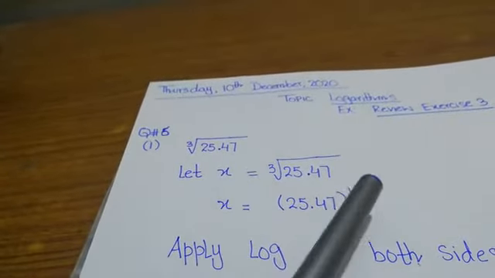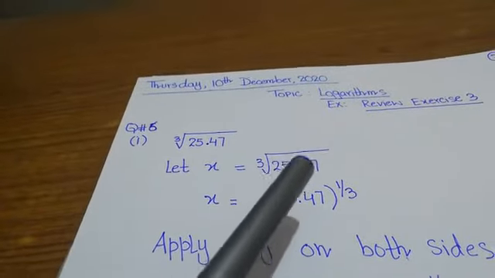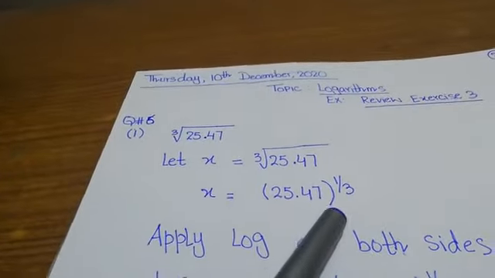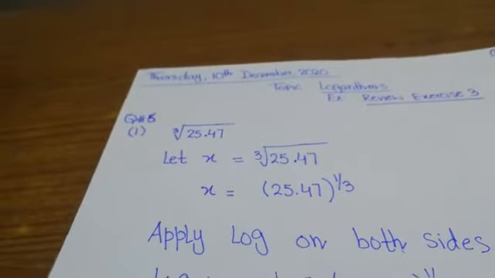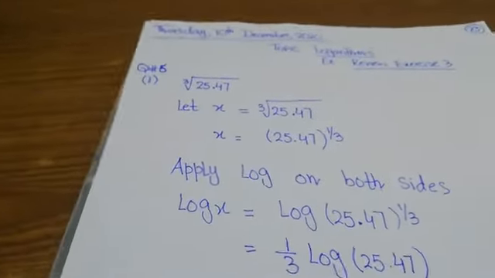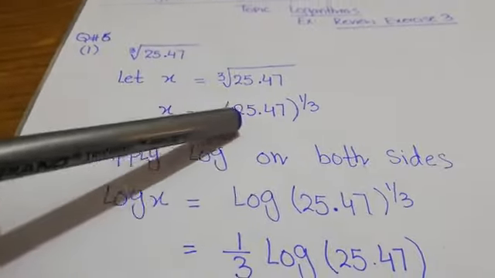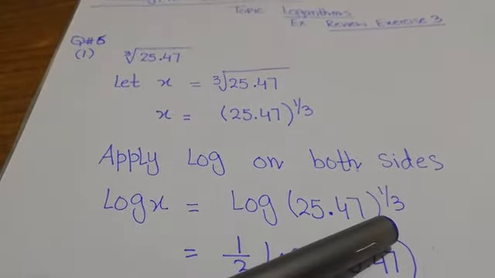Now if you remember, I have told you if there is any root form, then we will convert that root into the exponential form. And you have read the conversion in chapter number 2. So how we will convert? This radicand will remain as it is, 25.47, and the index of radical will become 1 by 3. We have read this conversion in chapter number 2. Here we have converted radical form into exponential form.